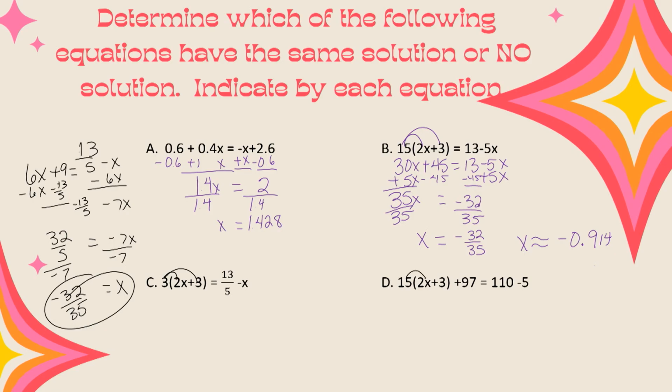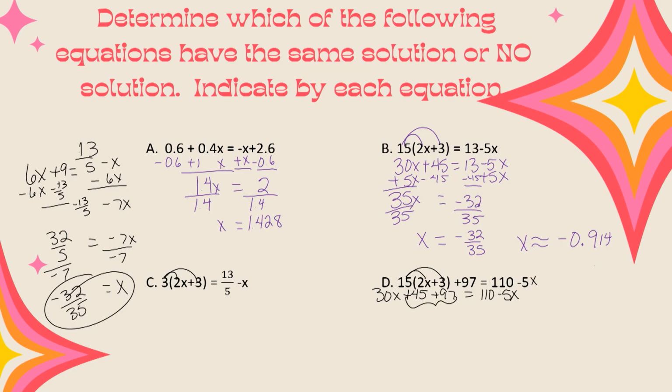Still going to distribute and have 30x plus 45 plus 97 equals 110 minus, that should have an x behind it. I do apologize, so my D may look a little different than yours. Then I'm going to put my like terms together, add these two.